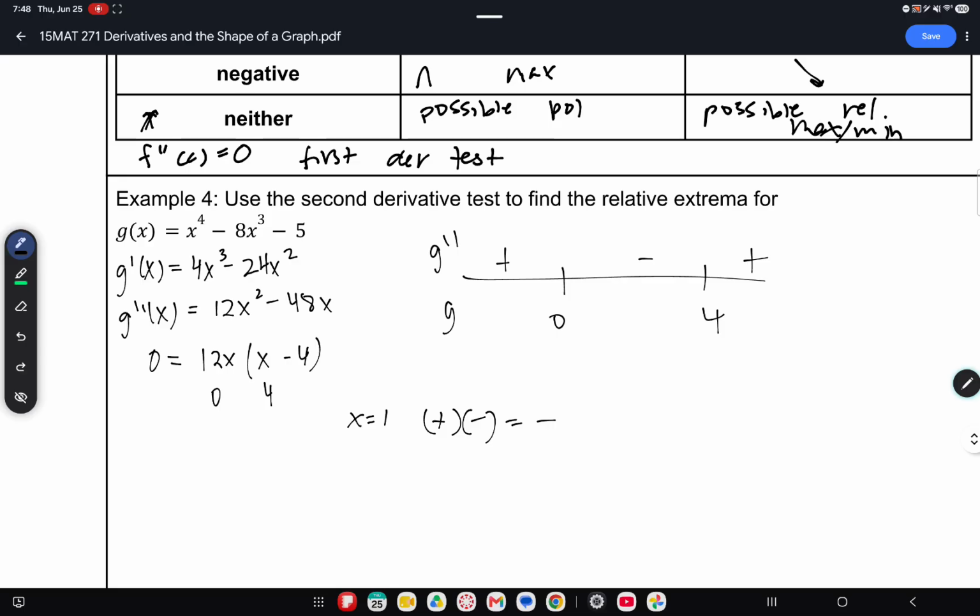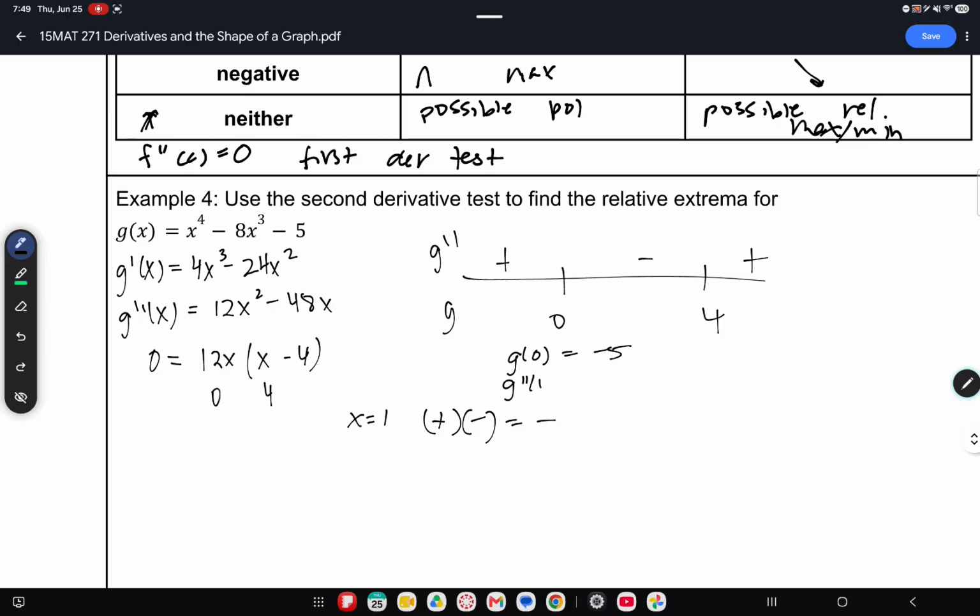And we want to find the relative extrema here. So I'm going to plug in these values now. So if I plug in 0 into the original function, I get negative 5.